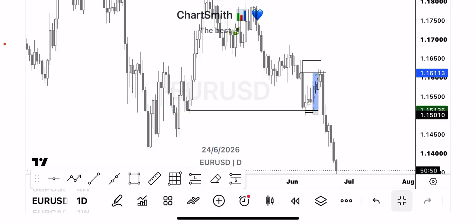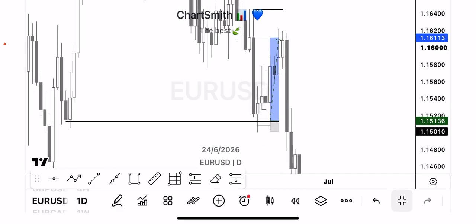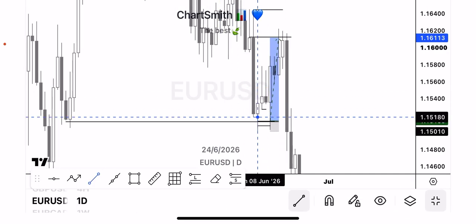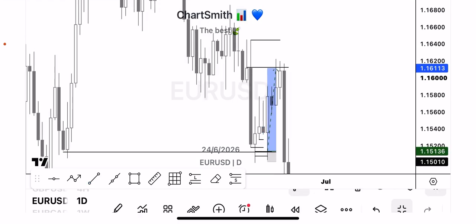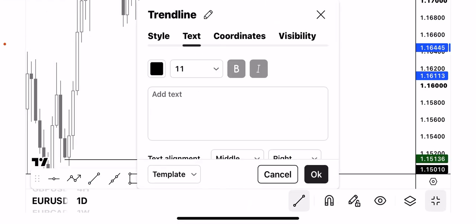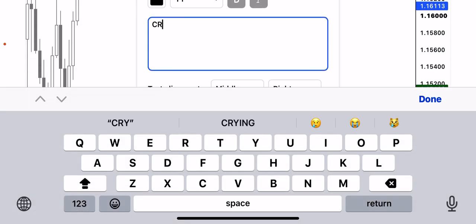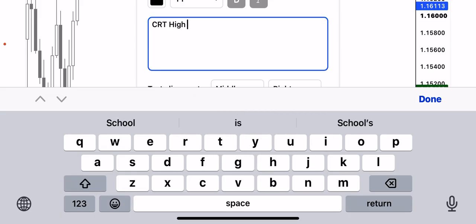All right, now this rejection also presented to us a CRT range on the daily time frame, the CRT low and the CRT high. Let me write it there. CRT high.